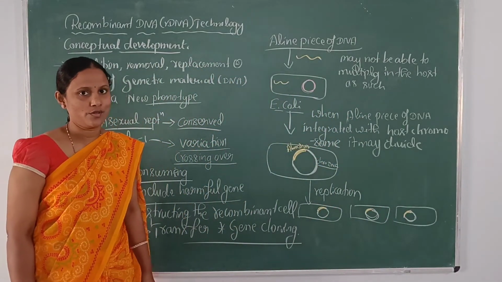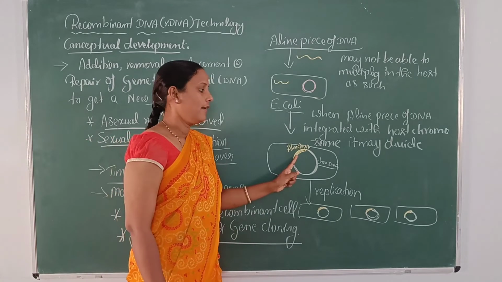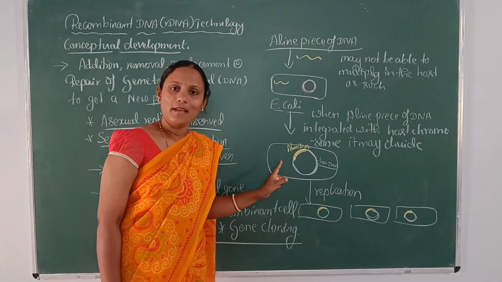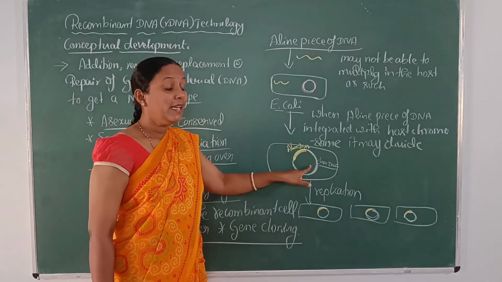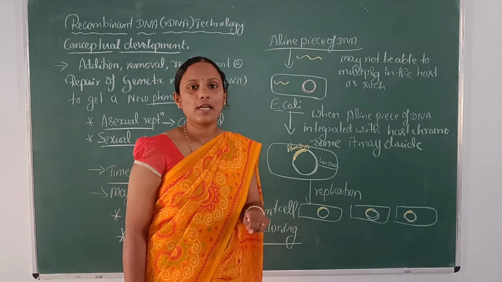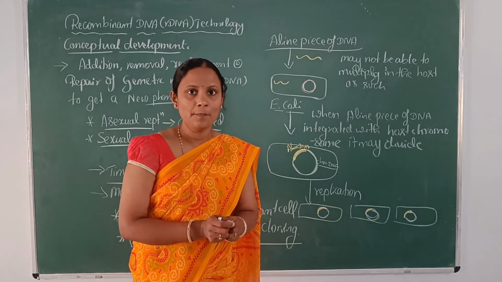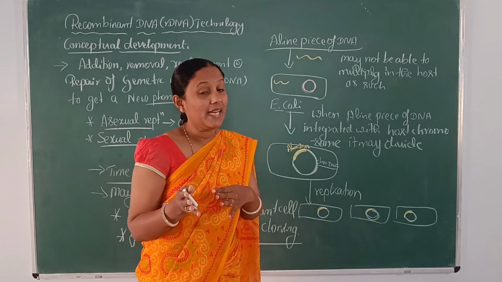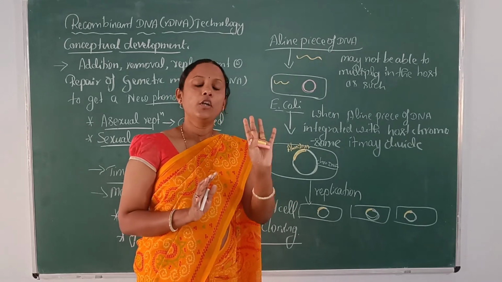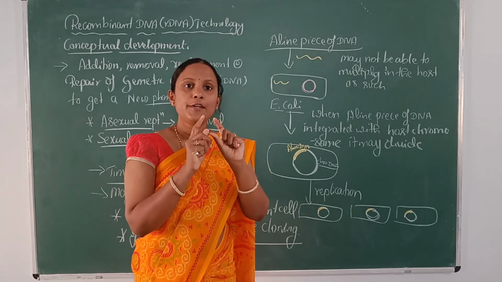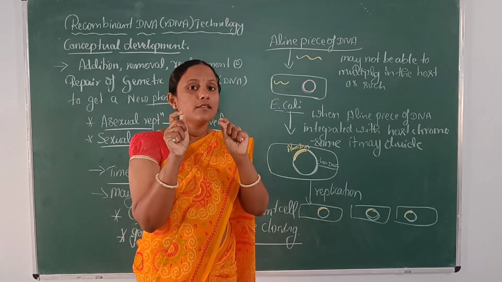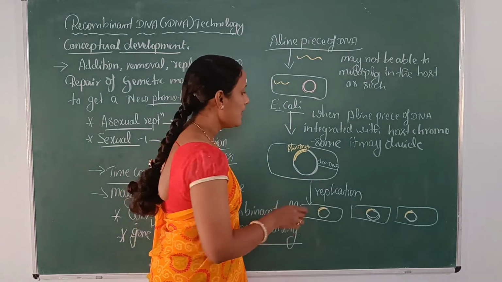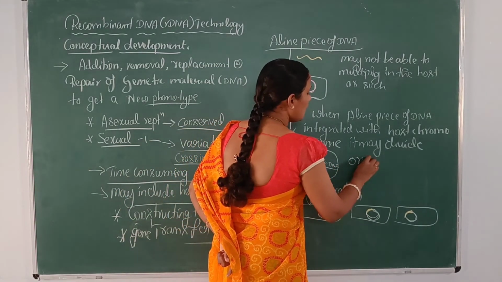Now you may ask the question, why only with the chromosome can the alien piece of DNA replicate? Because in every living organism's chromosome or genetic material, to start replication, as you might have studied in molecular biology, there are specific sites called origins of replication.